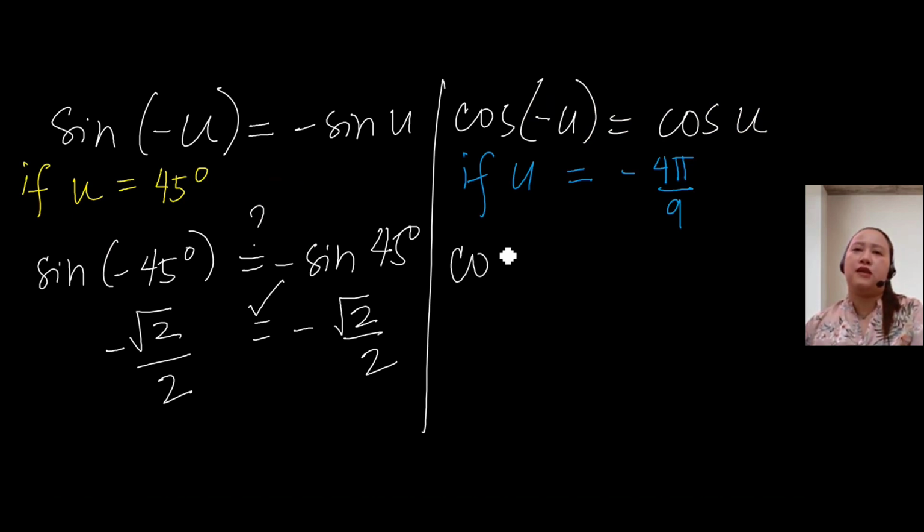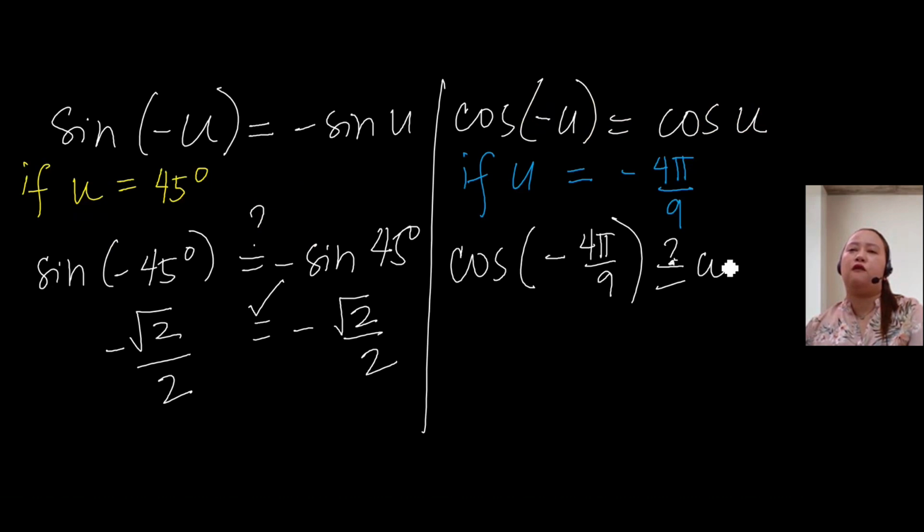Substituting, we have cosine of negative u, since u is negative 4 pi over 9, so we have two negatives here. Then on the right side, we have cosine of negative 4 pi over 9.